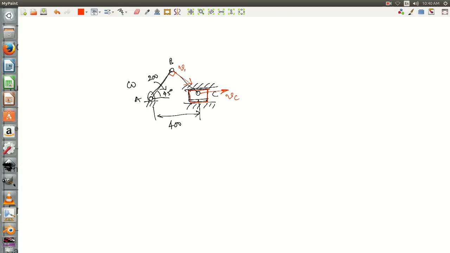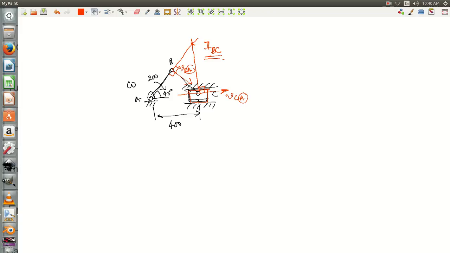This is velocity of B, with respect to A, with respect to fixed link, that is important. Hence, if I draw the perpendicular from here like this and from here like this, it will meet at one point which is nothing but the instantaneous center of link BC.